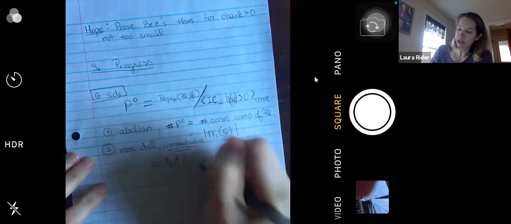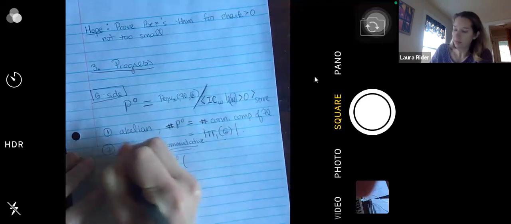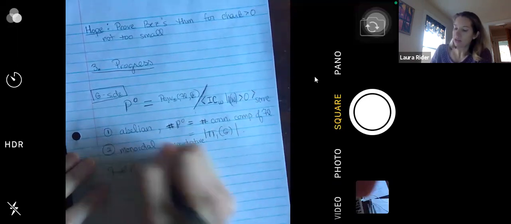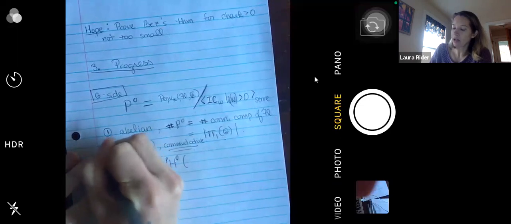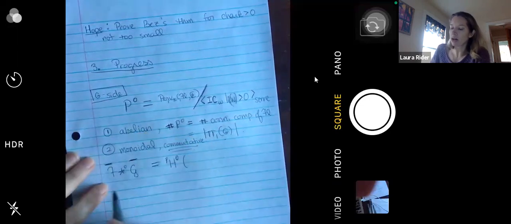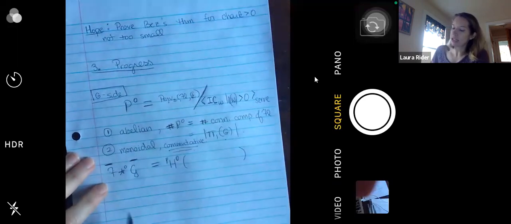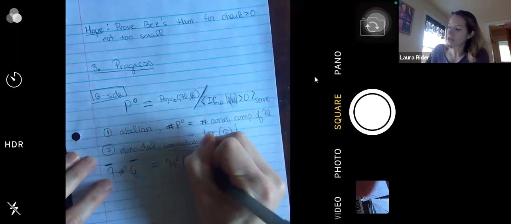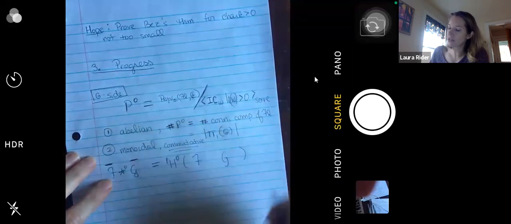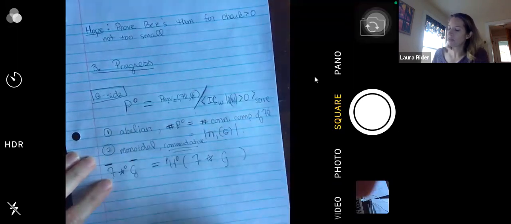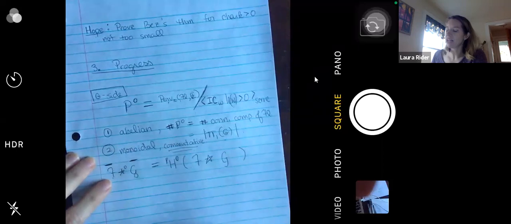So the monoidal structure comes from the convolution on the flag variety. So let's denote quotient of objects with a bar on top. What I do is I take representatives for those objects in the perverse sheaves, then I convolve them in my affine Hecke category.